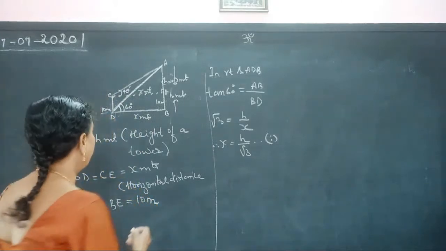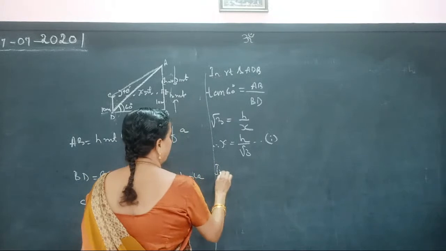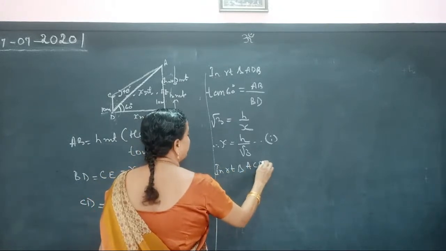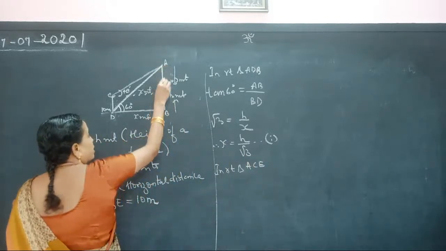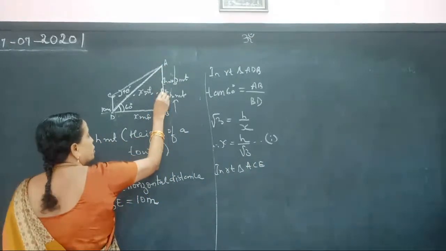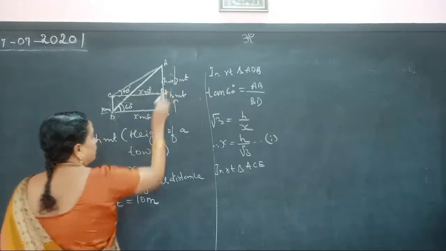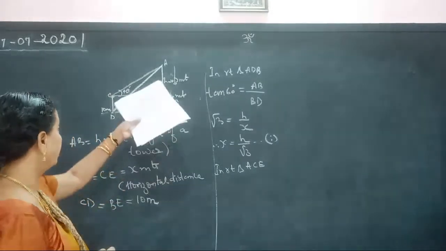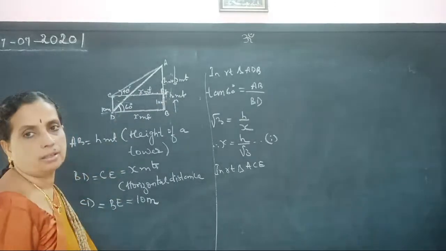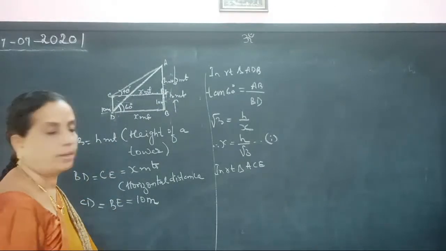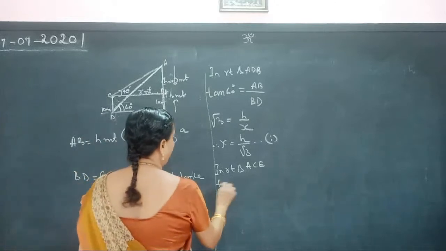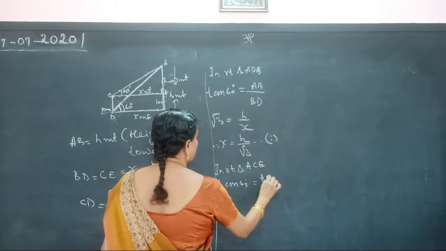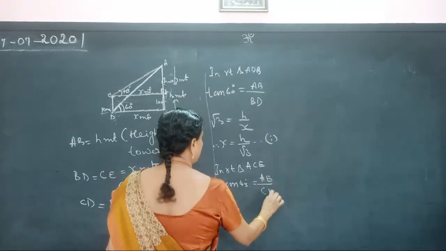Now second condition, in right triangle ACE, since this is a perpendicular, this portion is also a perpendicular part, there you will get another right triangle ACE. Is it clear?